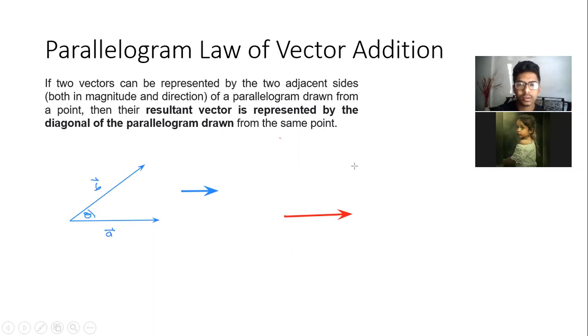One side is this, A, and then the second side is drawn by this vector B. So this is vector A and this is vector B.